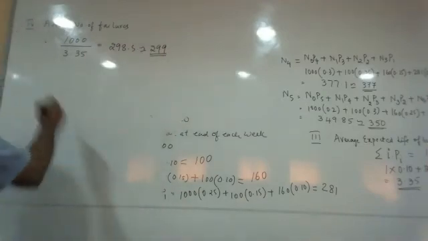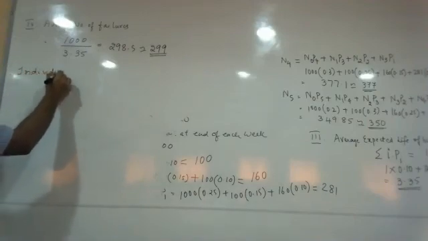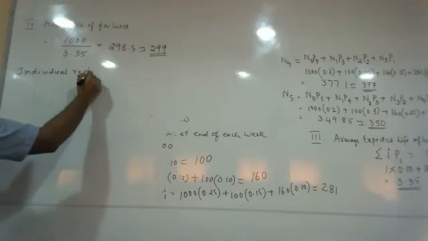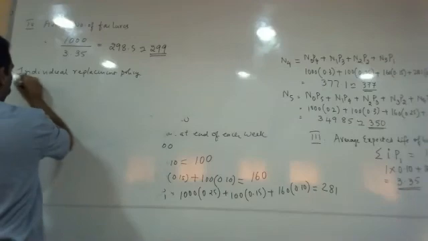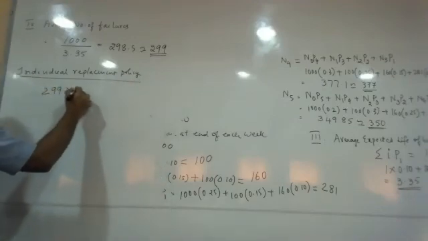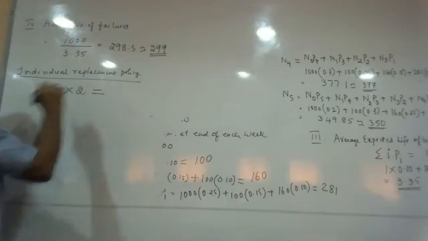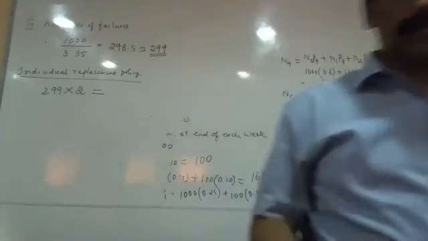So here we write the individual replacement policy. If I adopt the individual replacement policy, then 299 bulbs have to be replaced at the cost of 2 rupees each. For each bulb it costs me 2 rupees.